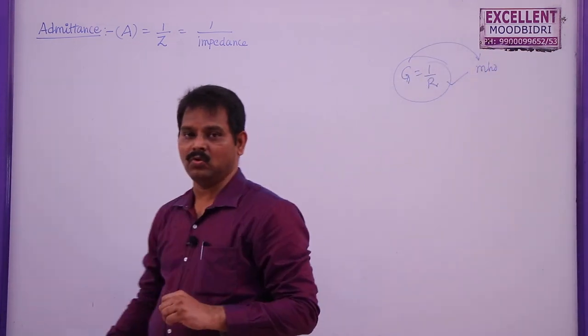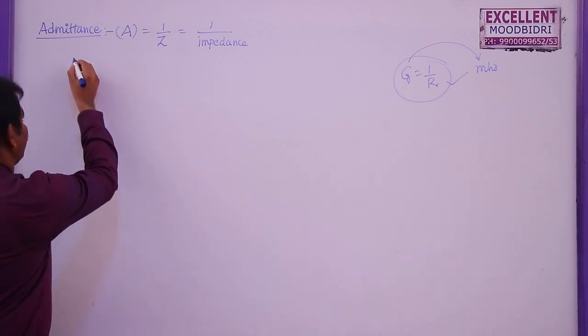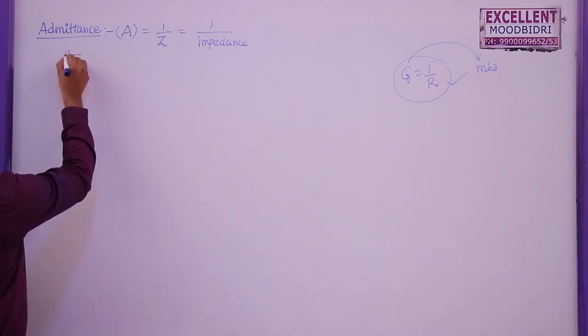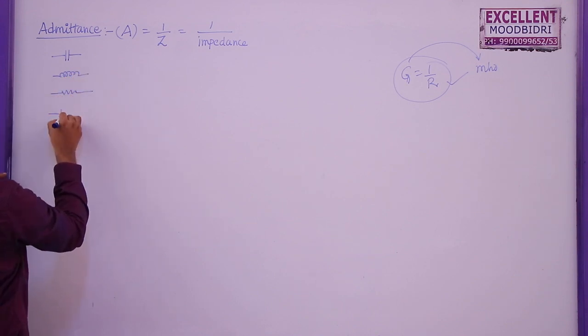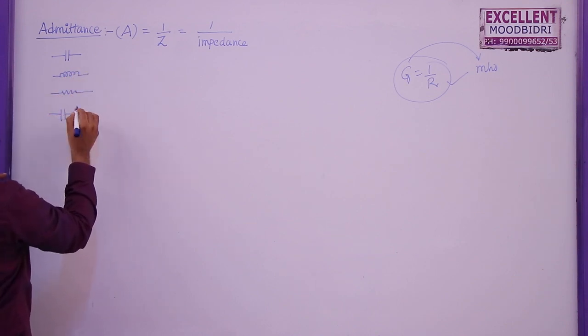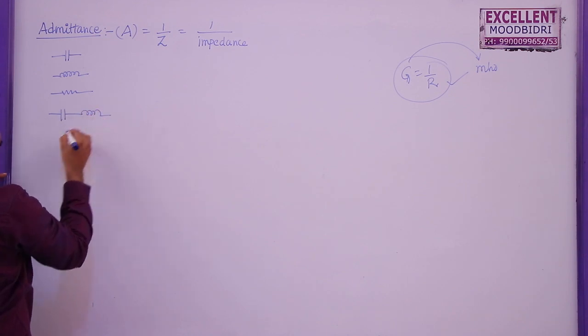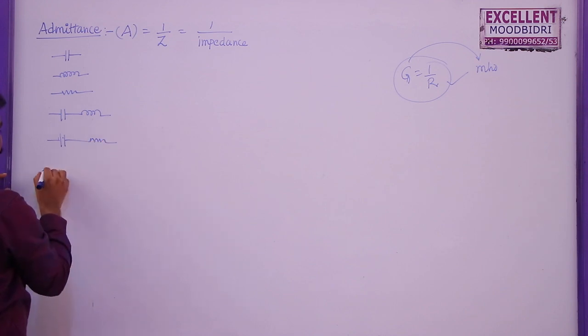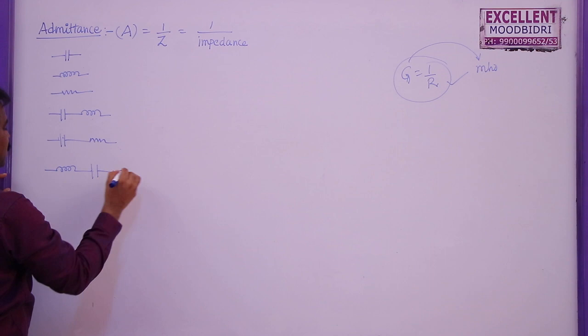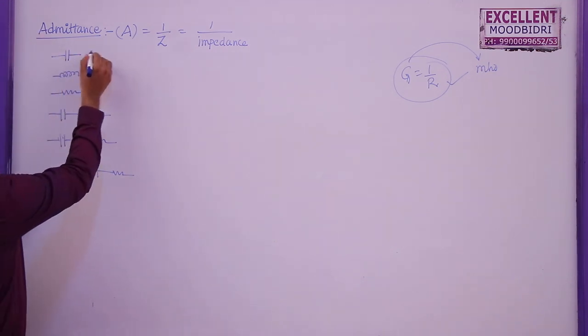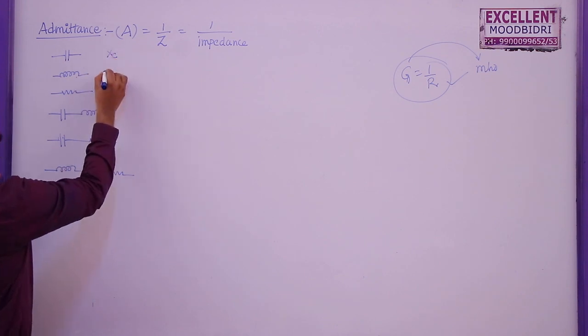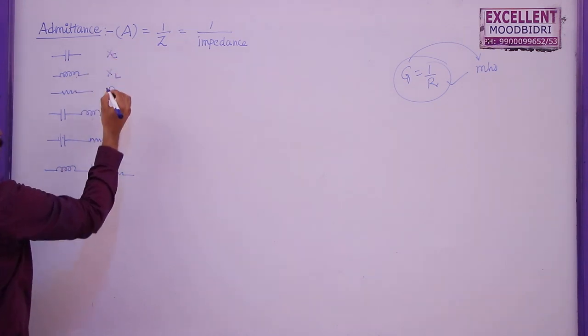Similarly for AC circuits, because here we may have pure capacitor, pure inductor, pure resistor, or LC circuit, or CR circuit, or LCR circuit also. Different circuits are possible here. So for a single circuit, this we call a reactance XC. This is XL. This is resistance.